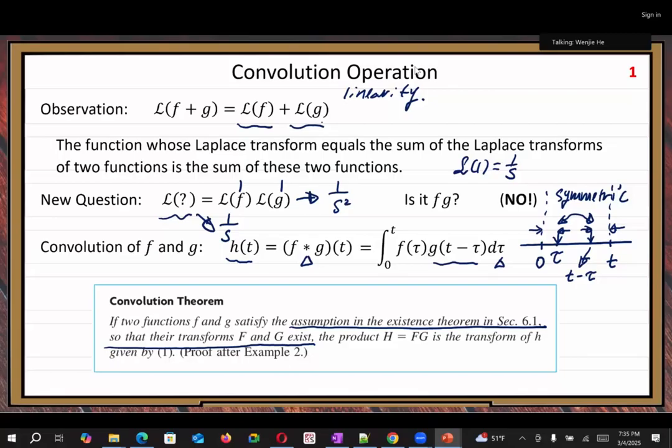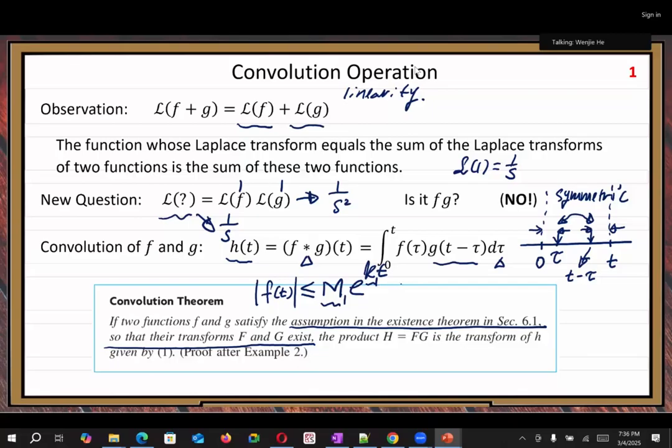We know that inequality: the absolute value of f is less than or equal to a capital M constant times e to the k t, where k is another constant. If there exist constants M and k such that this inequality is true, let me write M1, K1, then its Laplace transform exists.